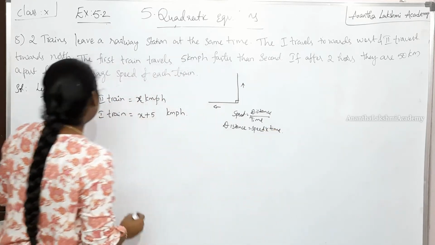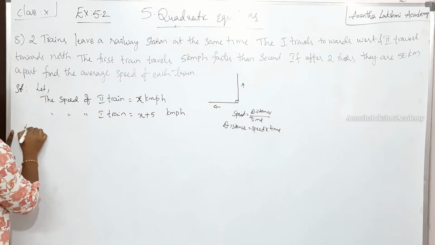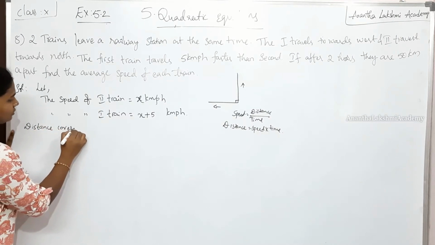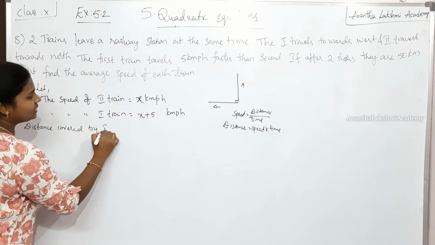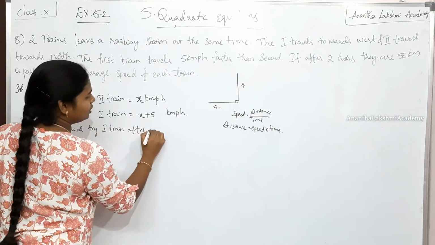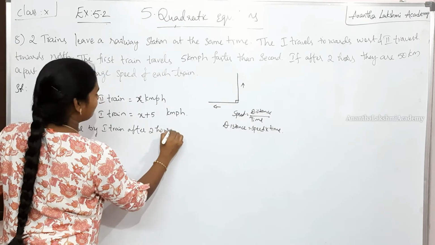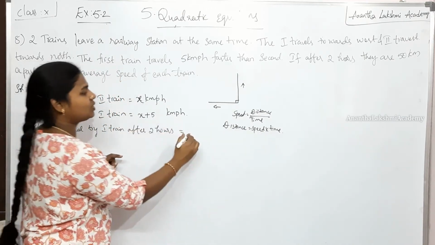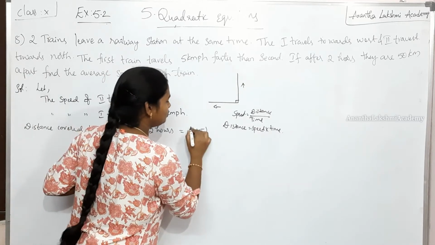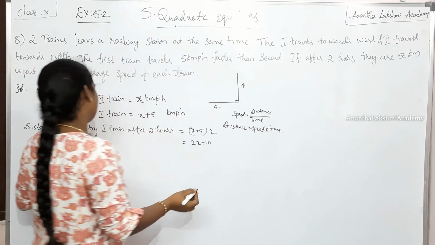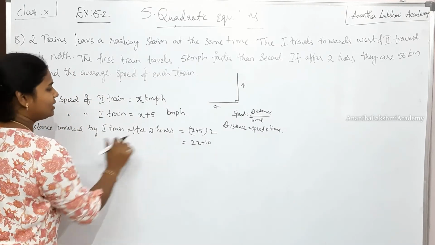Alright, so the distance covered by the first train after 2 hours is nothing but speed into time. What is the speed of the first train? X plus 5 into 2. So this becomes 2x plus 10 kilometers, the distance covered by the first train.